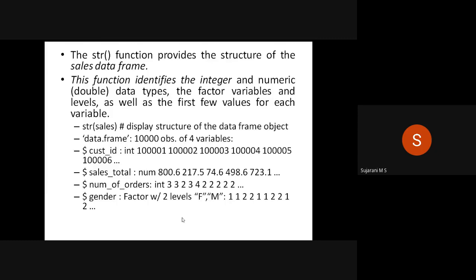The next one is gender and its data type is factor. Its levels are displayed over here, F and M indicating female or male. Simply, the str function gives the structure of a data frame. Here in the example, we can clearly see the structure of our sales data.